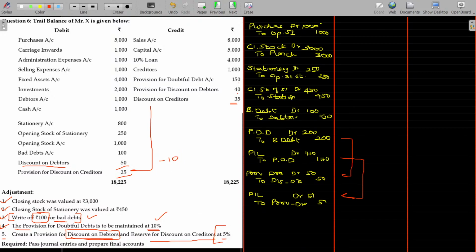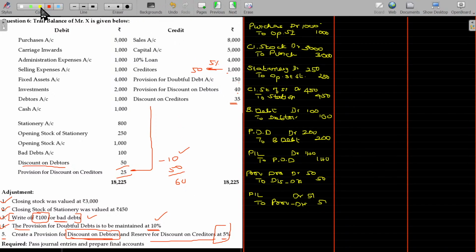What is the closing balance we need to maintain? 5% on creditors. So creditors is 10,000 rupees, on that 5% to be created, value being 50. Already there is a shortage of 10 and we need to create another 50. So in total we are in need of 60 rupees to be created for the provision for discount on creditors.